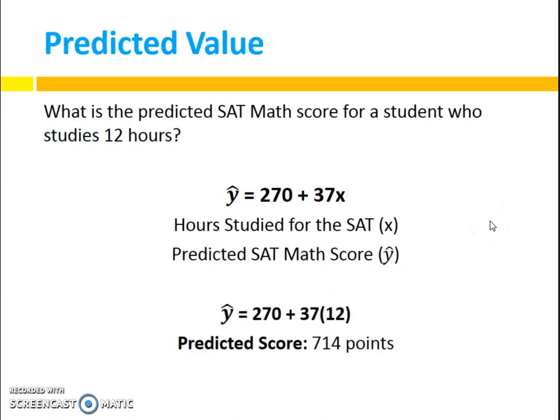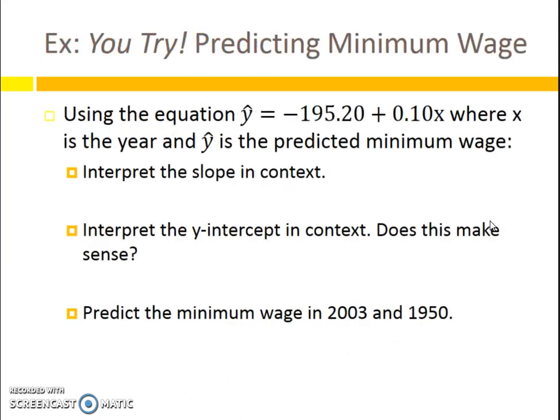All I would do is simply substitute in that value for x. So if you study for 12 hours, it is predicted that you would get an SAT math score of 714 points. That'd be nice.